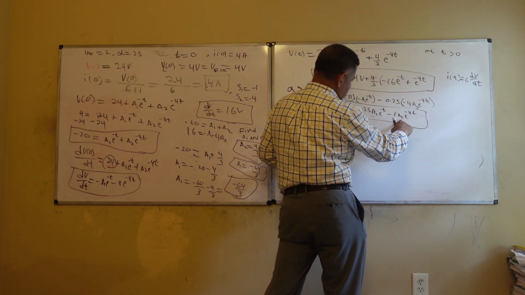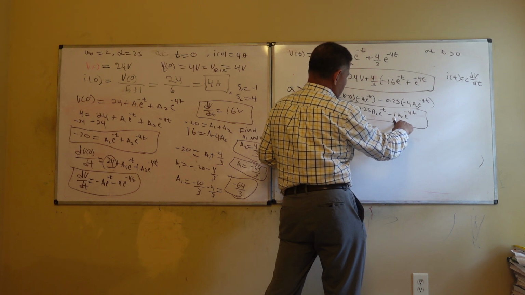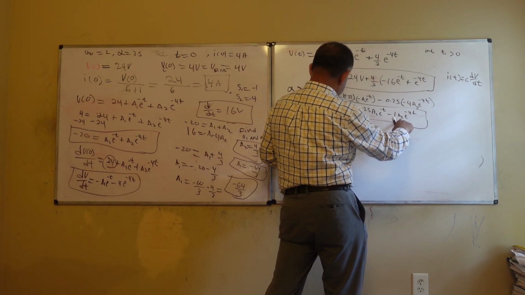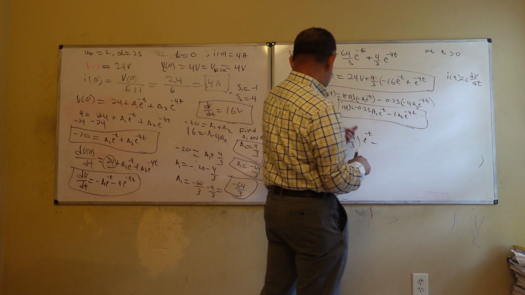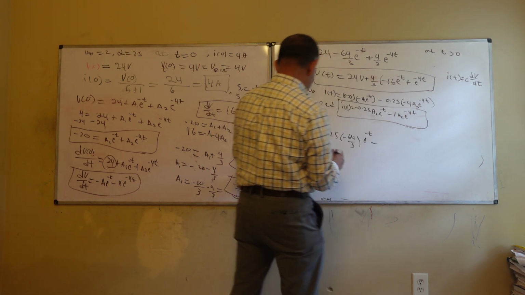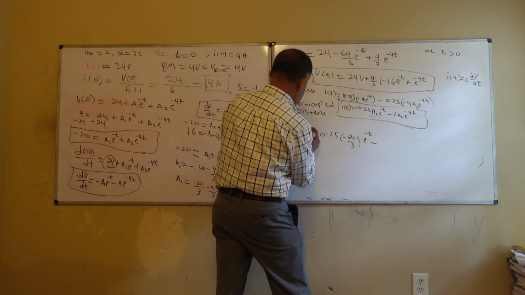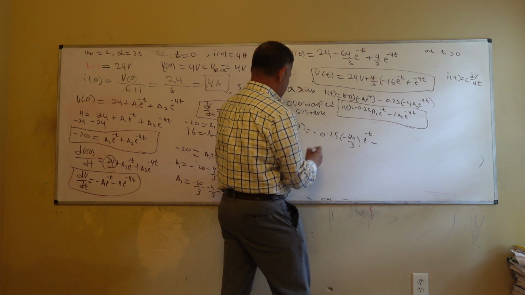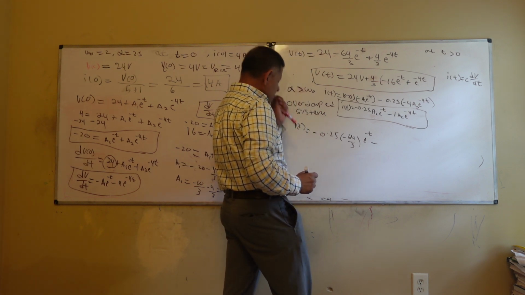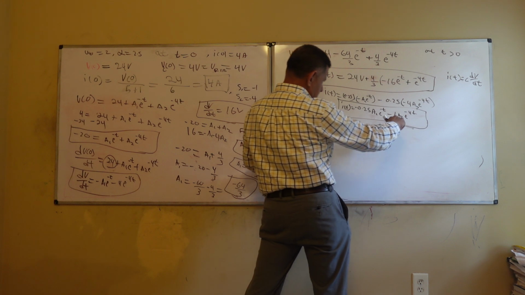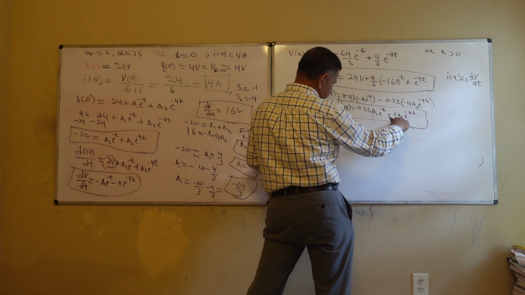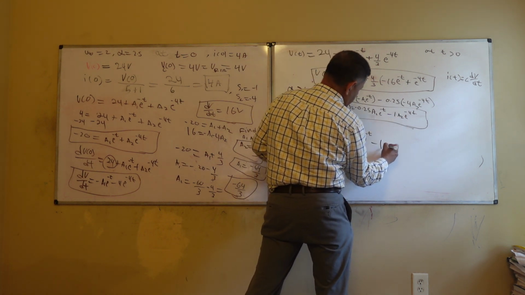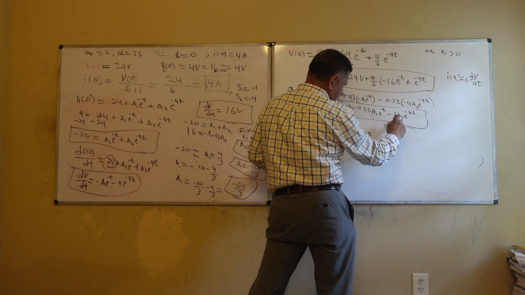And then this one is going to be a negative. This is a negative, but the value of that was a positive.